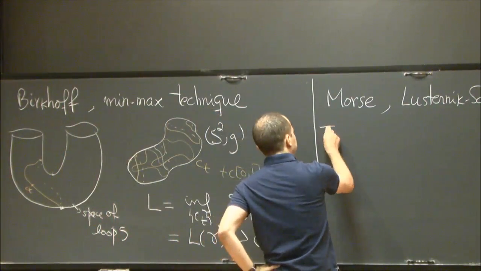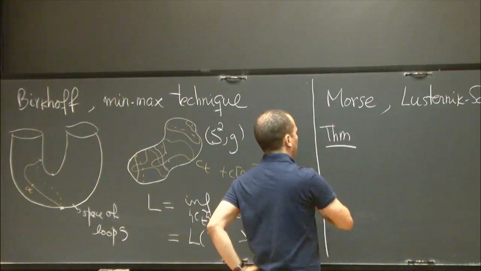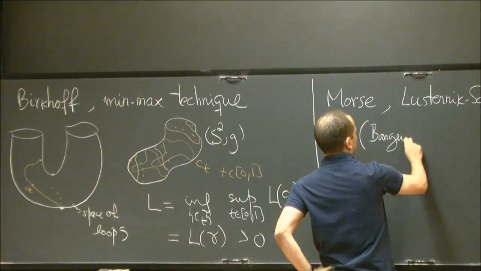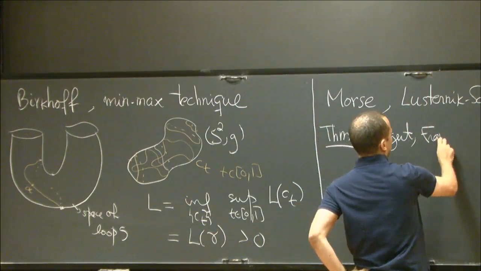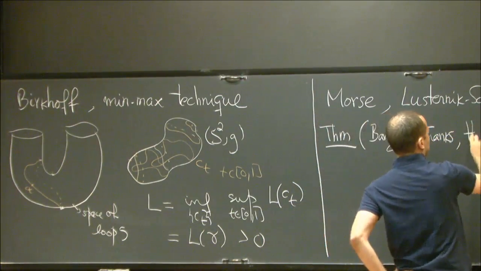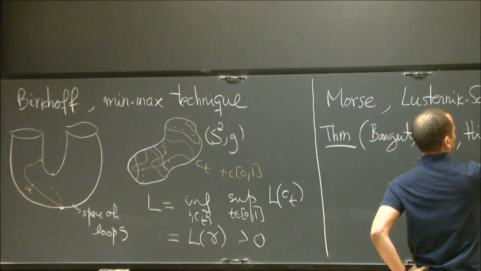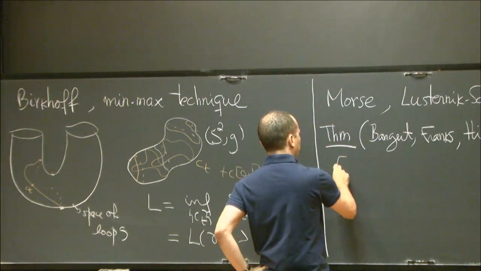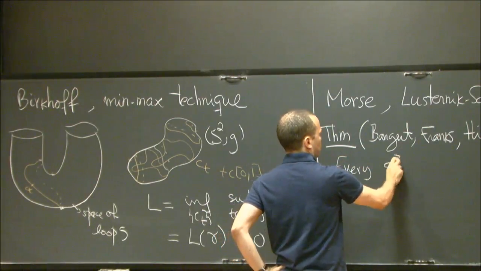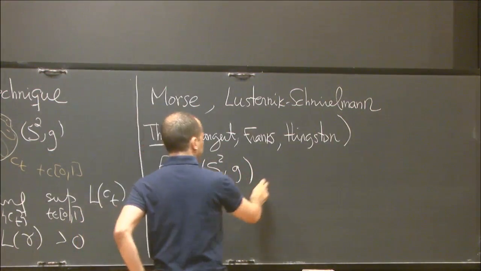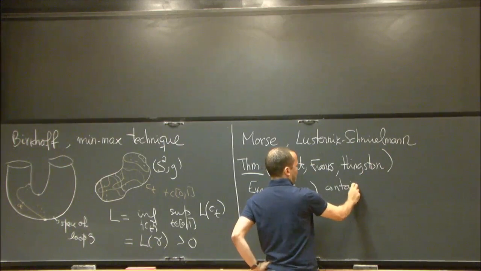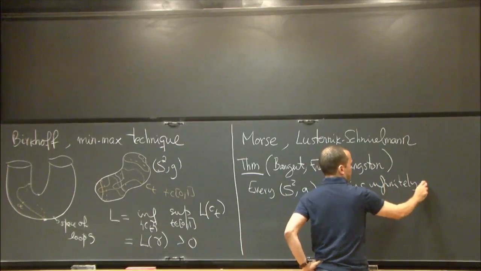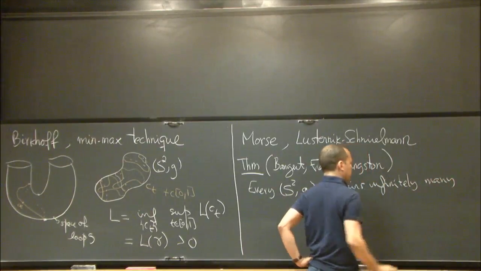So in the early 90s, by combining the works of several people, Bangert, Franks, also Hingston, one can prove that actually every Riemannian sphere contains infinitely many non-trivial closed geodesics.